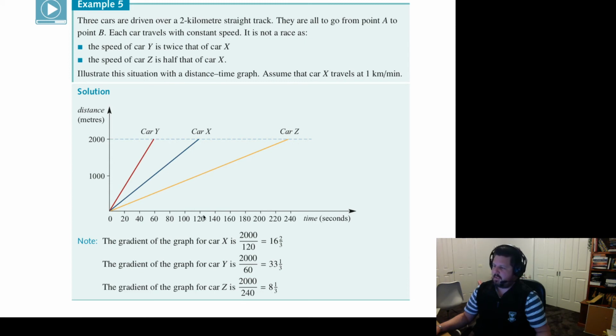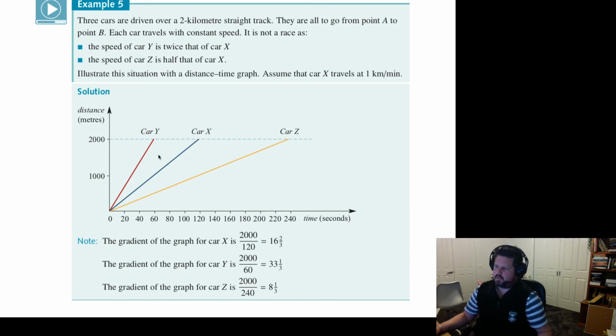So 2 minutes is 120 seconds. If we wanted to find out how long it takes to travel 2 kilometers, that's going to take 2 minutes, which is 120 seconds. So we can put that point on there. That's how long it's going to take for car X to get to 2,000 meters, which is 2 kilometers.